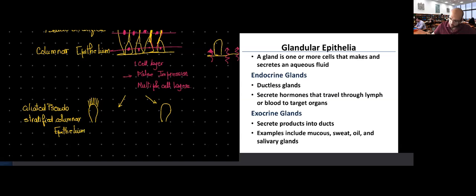And this one was the non-ciliated pseudo-stratified columnar epithelium.